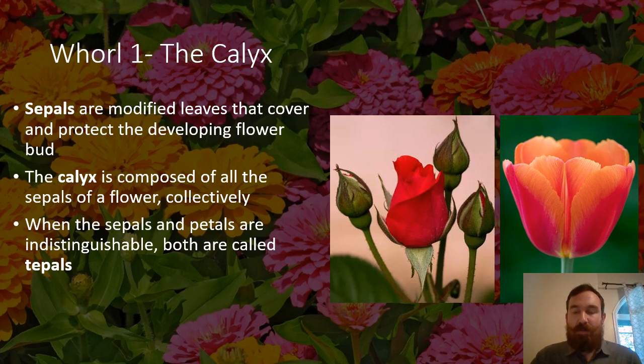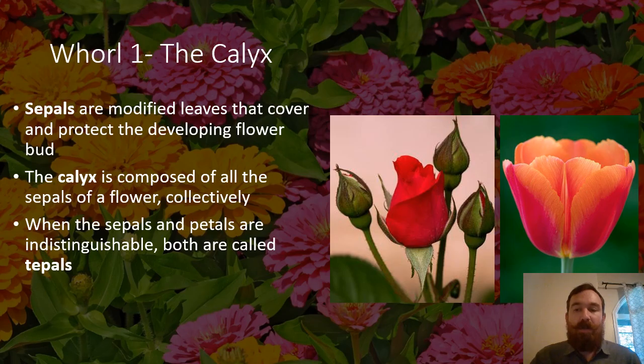Some plants, for example, if we look at this tulip on the right, you don't really see green leafy sepals like you do in the rose, but we do see that there's an outer whorl of petals composed of 3 and an inner whorl of petals composed of another 3. And what's really going on here is these outer 3 are whorl 1 of the flower.